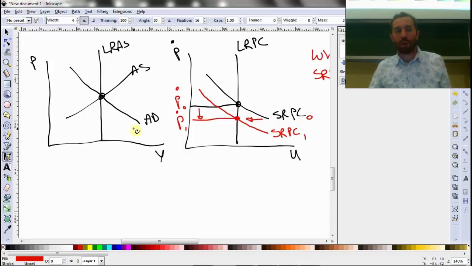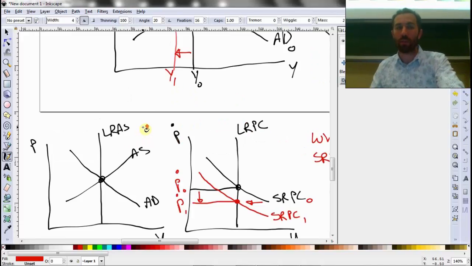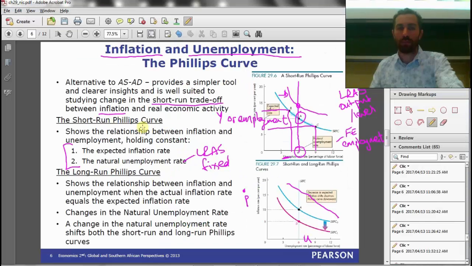Before you embark on trying to answer it, let me recap exactly what the alternative was that we discussed. Okay? We said if we were at a point like point B, the way that equilibrium would be restored would be for the Phillips curve to shift to the right. Why does the Phillips curve shift to the right if we're at point B?